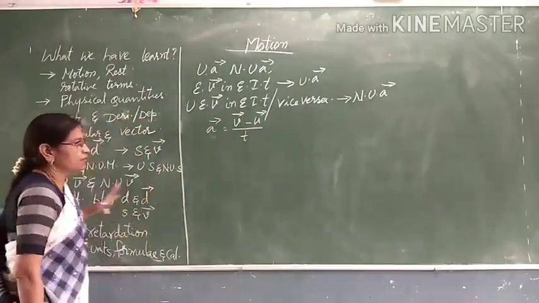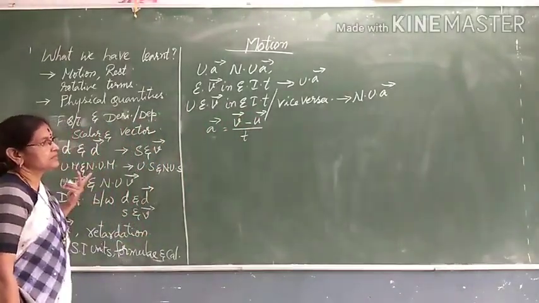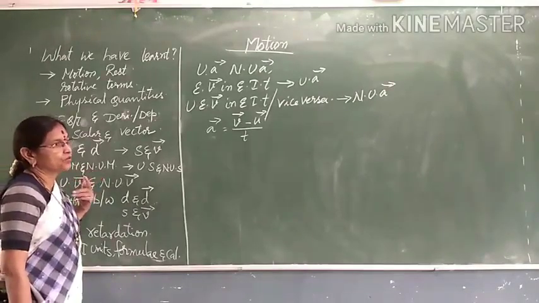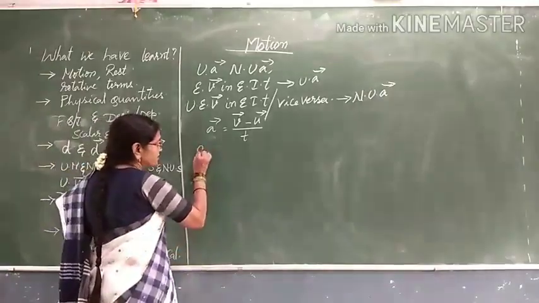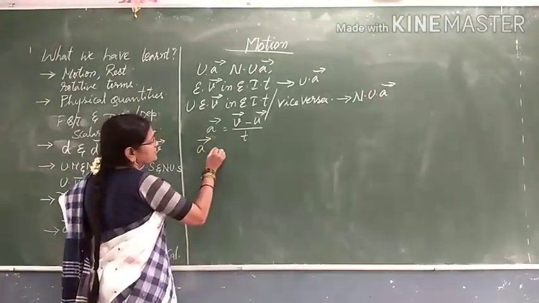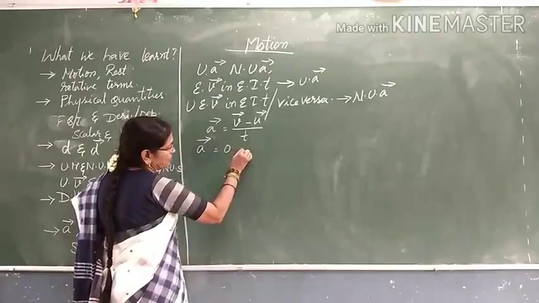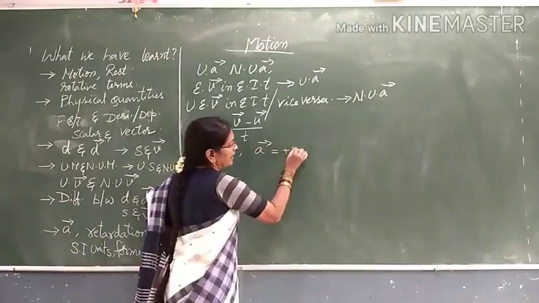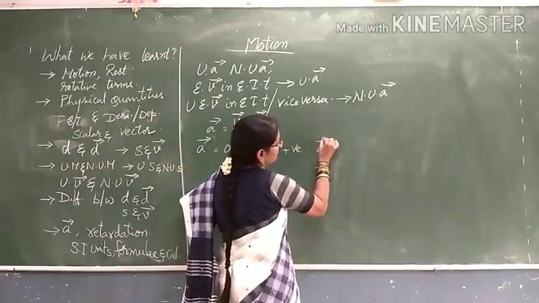We have already discussed that velocity can never be zero, it is constant. Speed may be zero. The same way, acceleration may be zero. Acceleration may be positive. Acceleration may be negative.